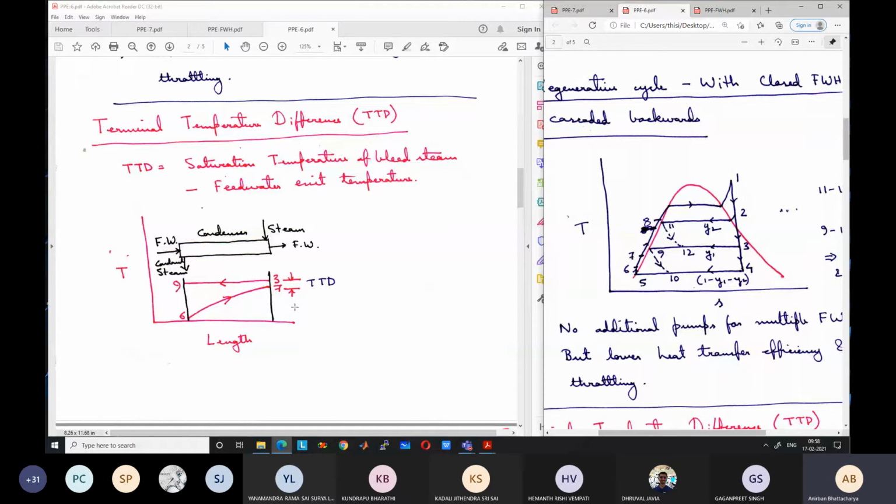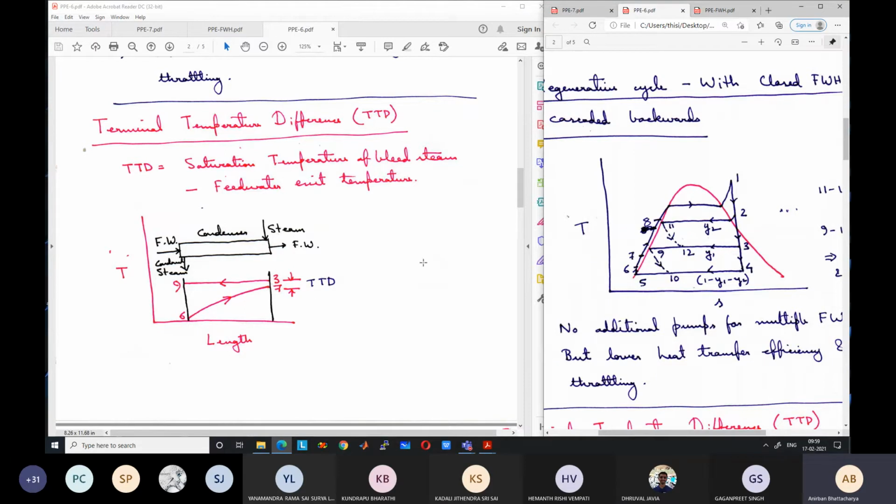Because we already know the saturation temperature of the bleed steam beforehand, we can assign a terminal temperature difference of 3 or 5 degrees centigrade and then find the temperature at point 7 from this. So this is defined as TTD.